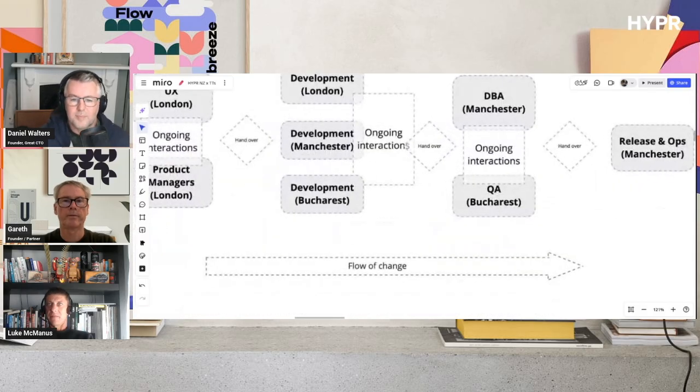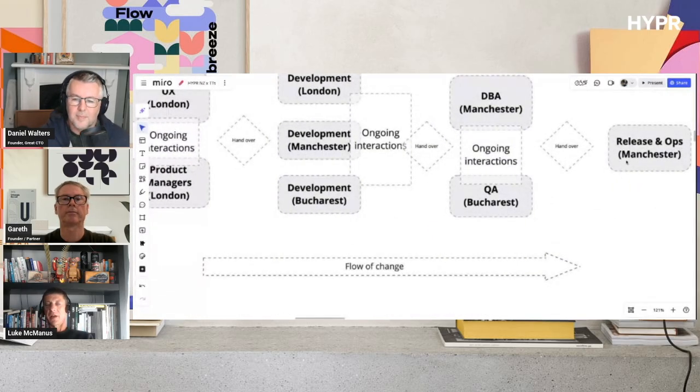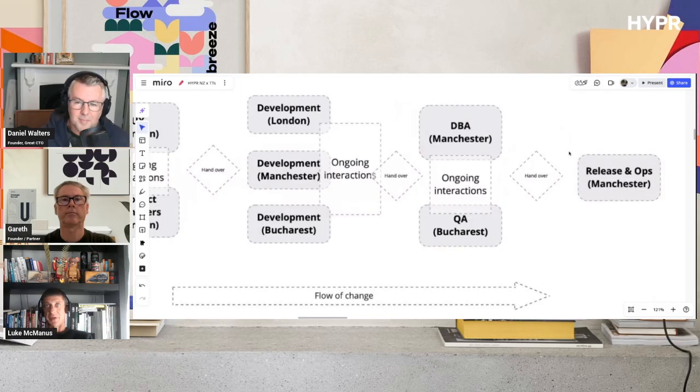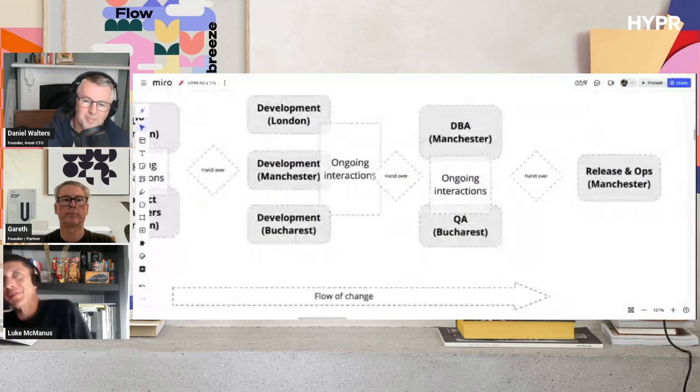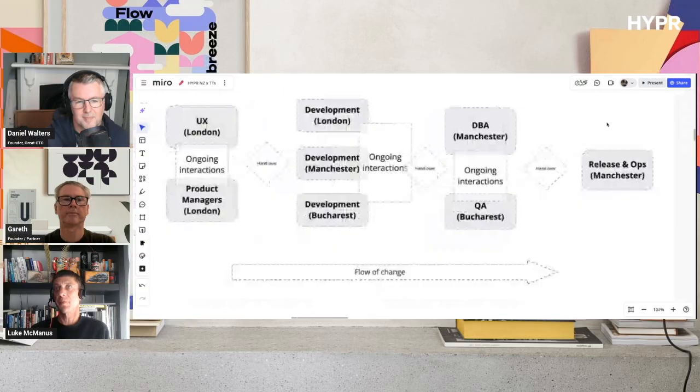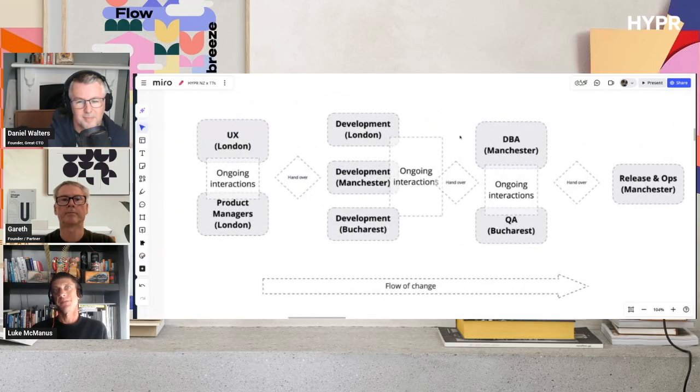And then to get it into production and released to their users, there are some more handovers. There's probably a change approval board and all sorts of other wonderful stuff that we all love. And that is how Footprints makes change.